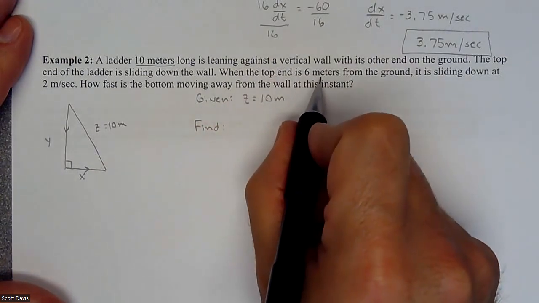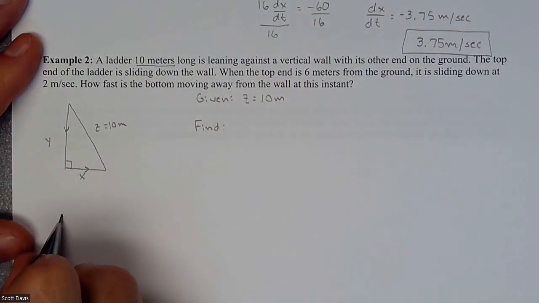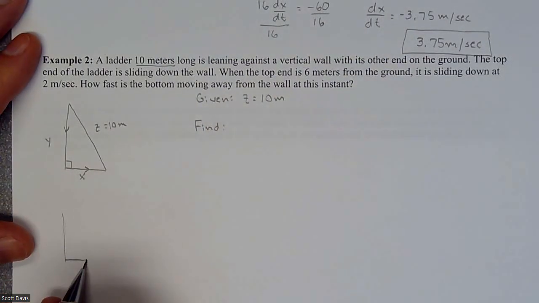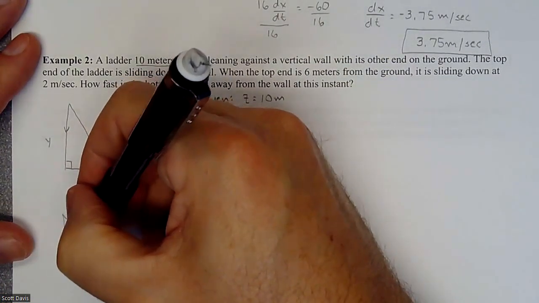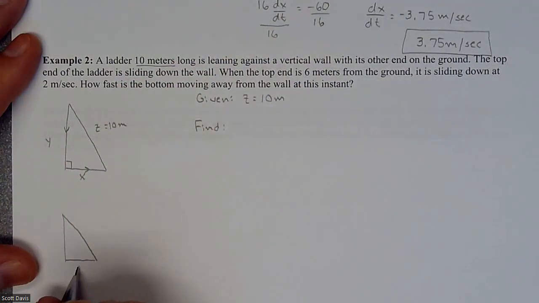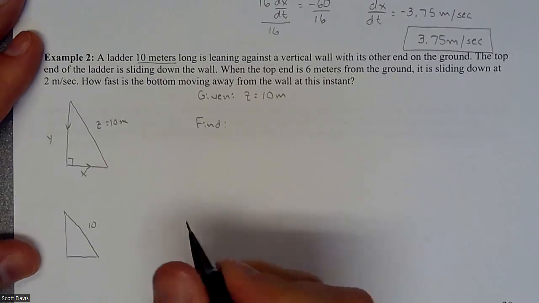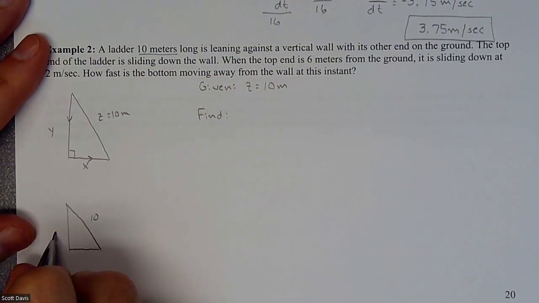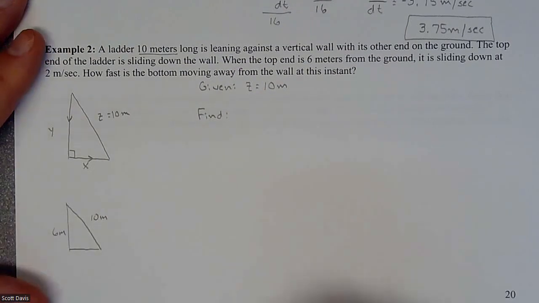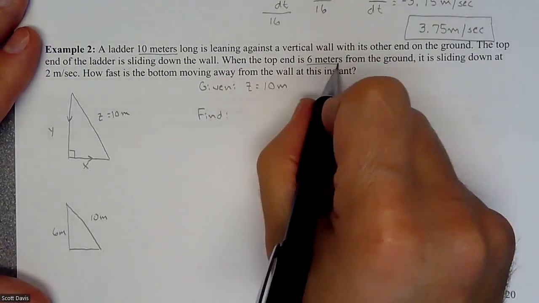So when the top end is 6 meters from the ground, now I'm going to draw my very specific triangle. My ladder is not ever changing. My distance on my y is going to be 6, right? And so we're going to be using 6 meters.